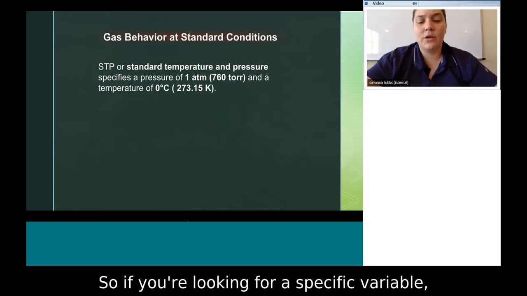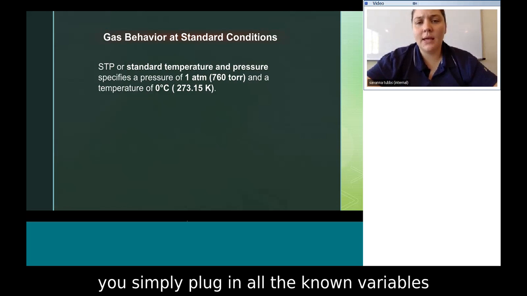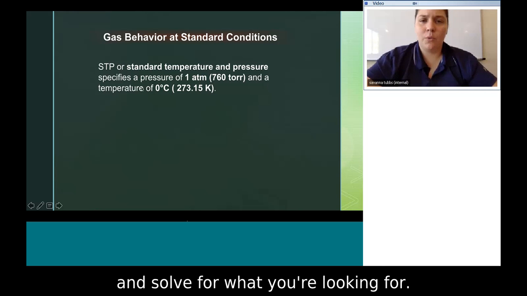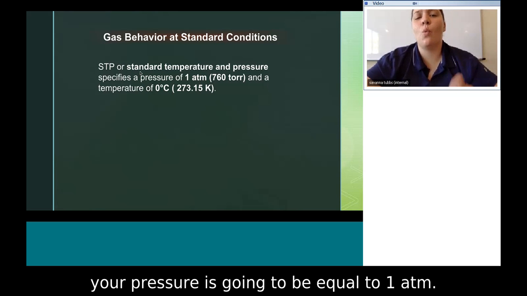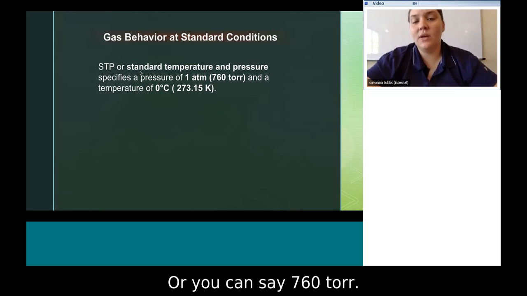So if you're looking for a specific variable, you simply plug in all the known variables and solve for what you're looking for. At STP, or standard temperature and pressure, your pressure is going to be equal to 1 atm, or you can say 760 torr.